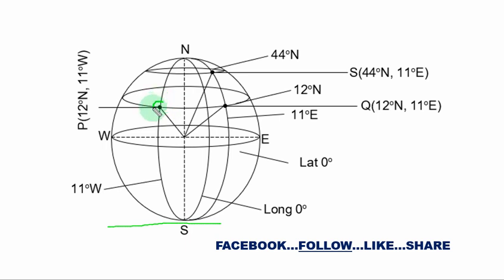So this point is latitude 12 degrees, longitude 11 degrees west, that is P. This point is latitude 12 degrees, longitude 11 degrees east, that is Q, and this is point S. So we are asked to find the total distance, that is from P to Q and Q to S.